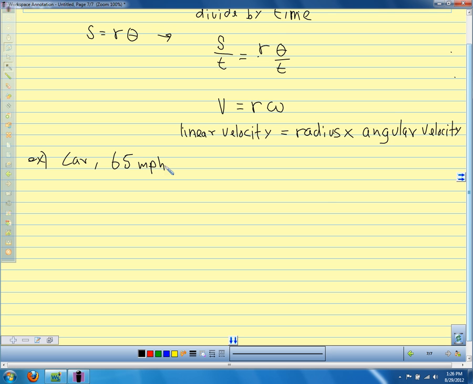And the tires have a radius of 15 inches. So we have 15-inch tires, and we want to know at what rate in revolutions per minute are the tires spinning?